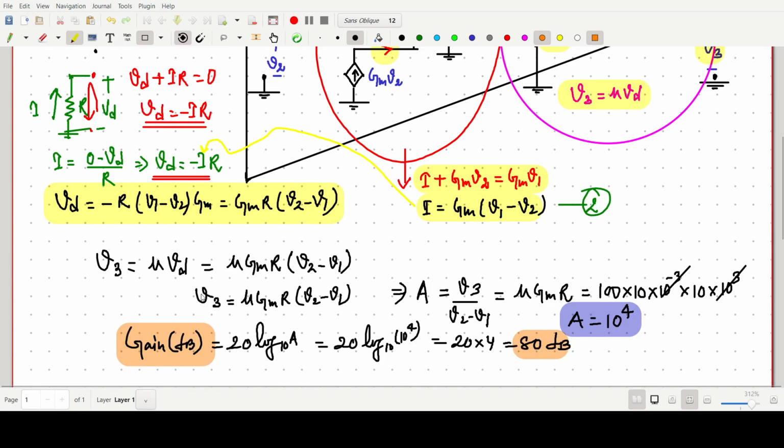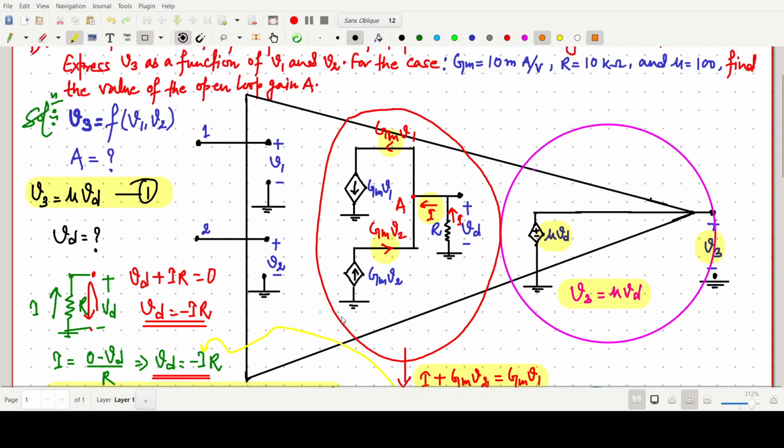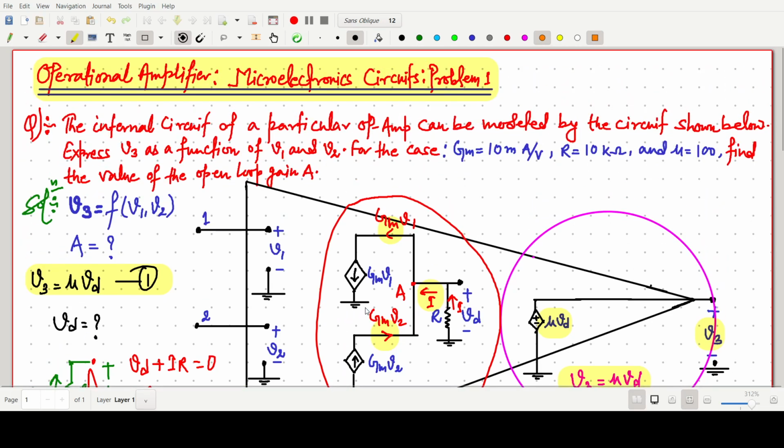And V3 is already found as a function of V2 minus V1, so mu GMR (V2 minus V1). It is a very simple question, but we have to know the idea, how to solve. There is no need to worry about this V1 V2. Only this circuit and this part will be helpful for finding the open loop gain. So finally I am writing the answer one more time.